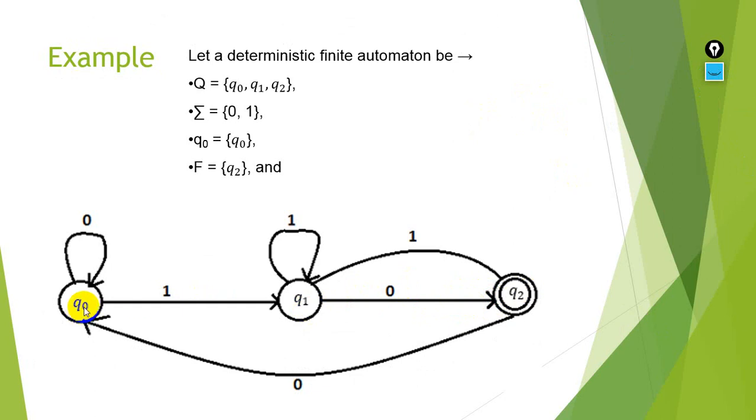So we can say that Q0 is adjacent to Q1 and Q1 is adjacent from Q0. With input 1, it goes from Q0 to the same Q1.